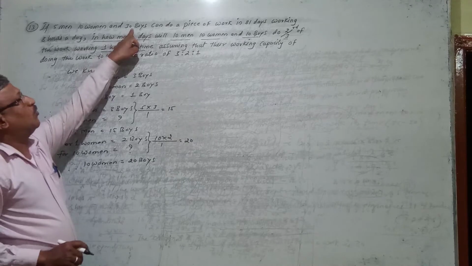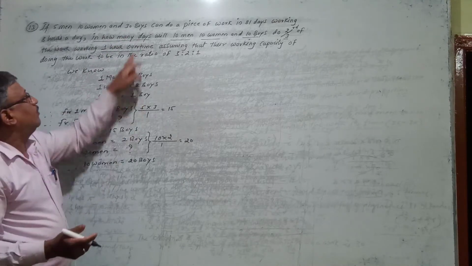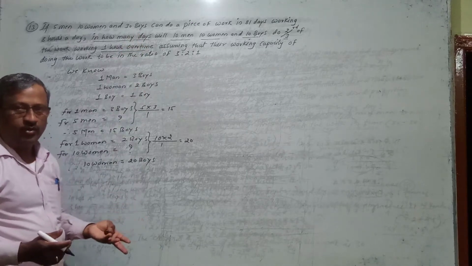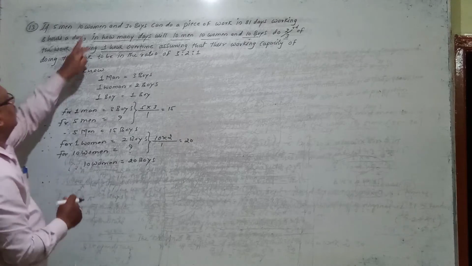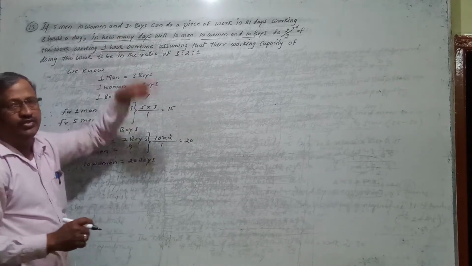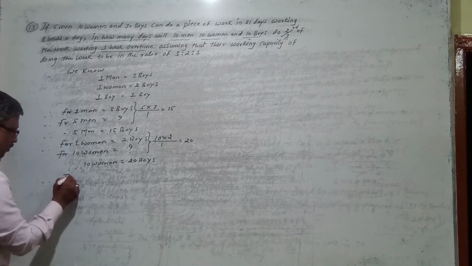And no need to convert boys into boys. So in place of 1 boy we put 1 boy, and in place of 30 boys we put 30 boys only. So already there are 30 boys working. Now you find out the capacity of 5 men, 10 women and 30 boys in the form of boys. So calculate the total boys.